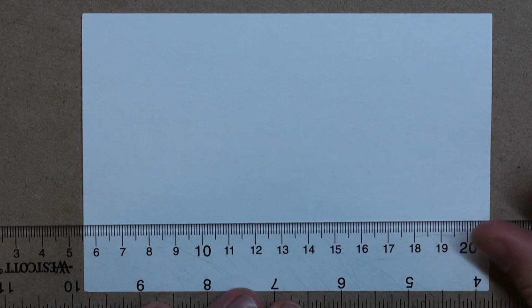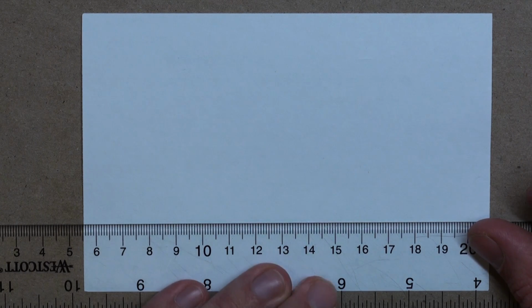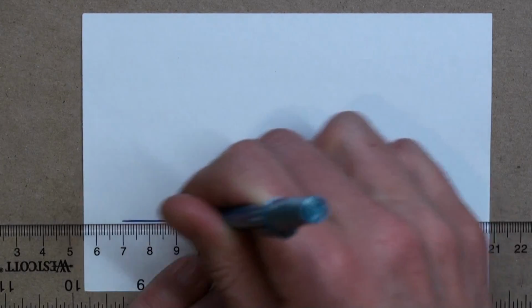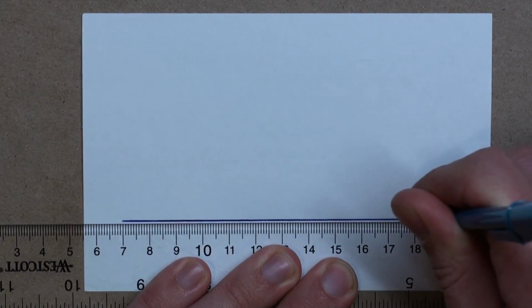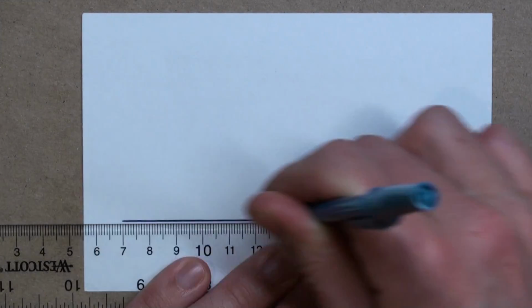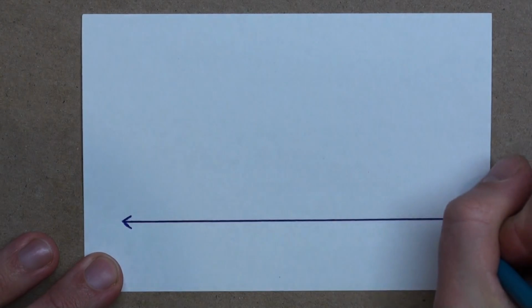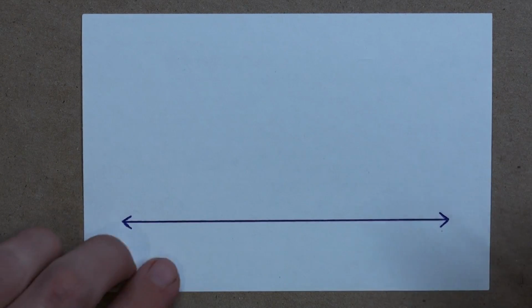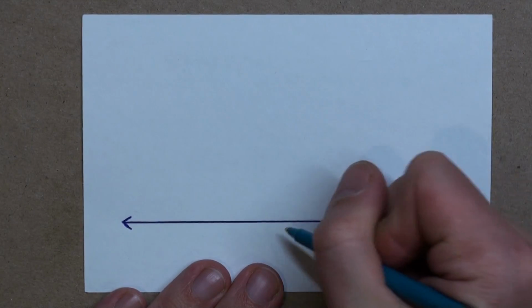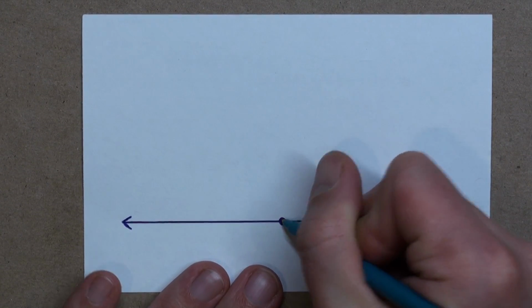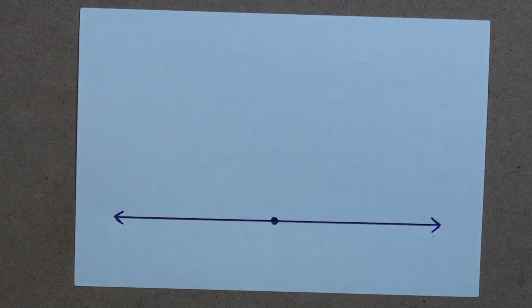So again, we have to draw a given line. And for this one, the given point is on the given line. So that stuff should be in pen.